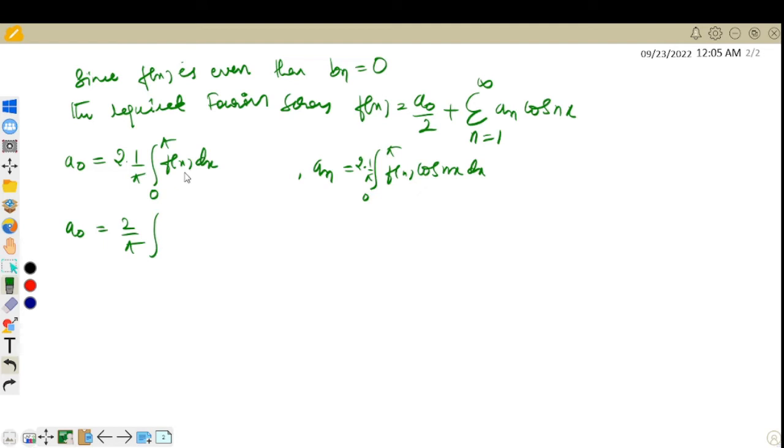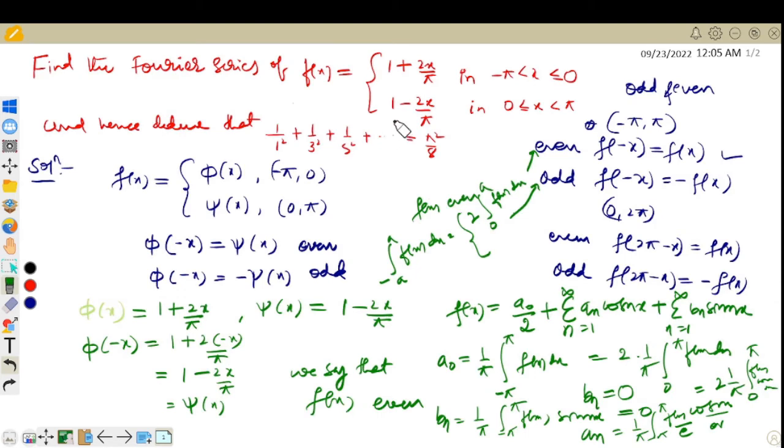Look at students, what is the value of f of x between 0 to pi?